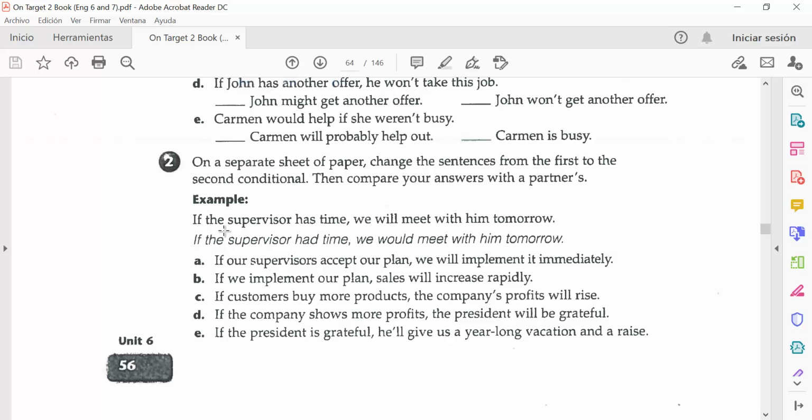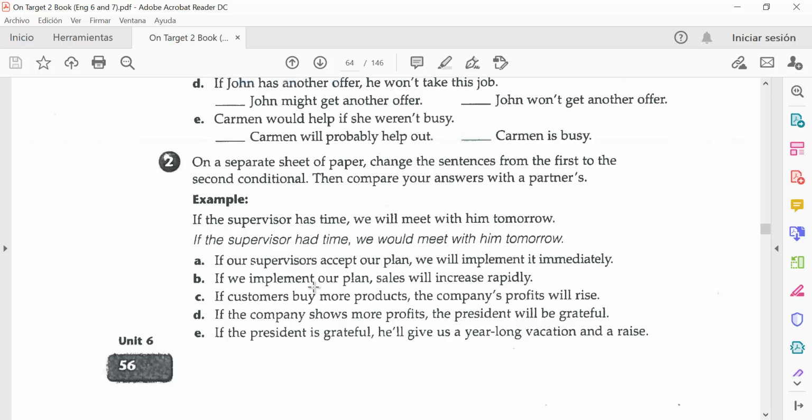You have the example here. If the supervisor has time, we will meet him tomorrow. Check that in this sentence, we have the particle if, we have the simple present, we have the auxiliary will, and we have the verb. So this means that this one is a first conditional sentence.